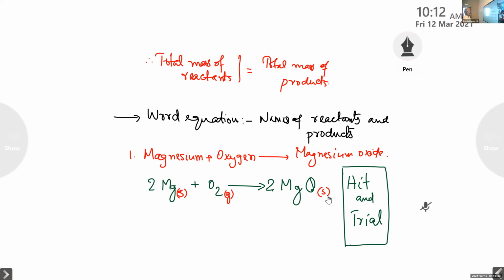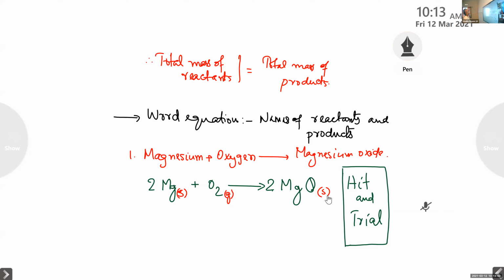That means the number of atoms on both sides are made equal. The number of atoms of reactants and products are made equal. That is the balanced equation using the symbols and formulas. Only if the state equation is asked, you can write the state symbols also.